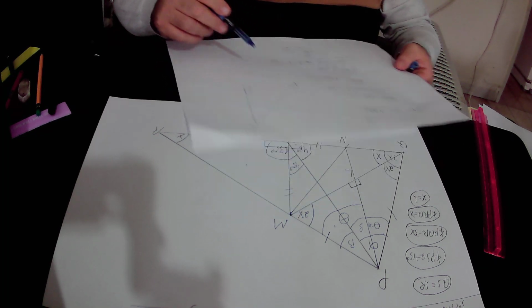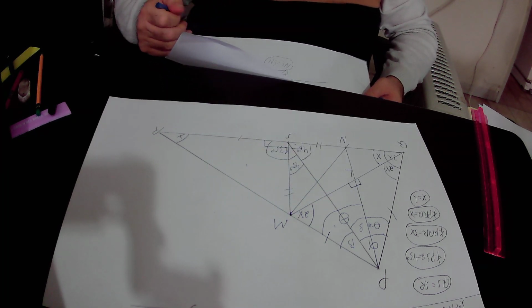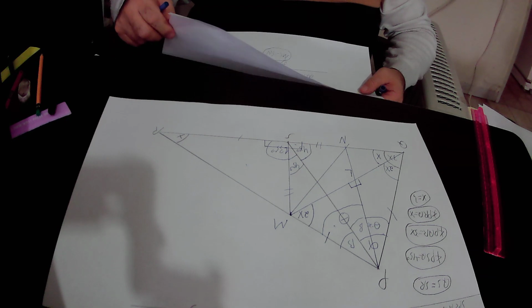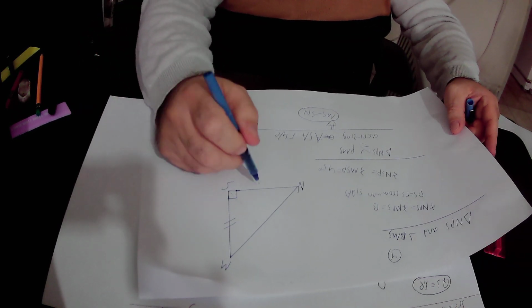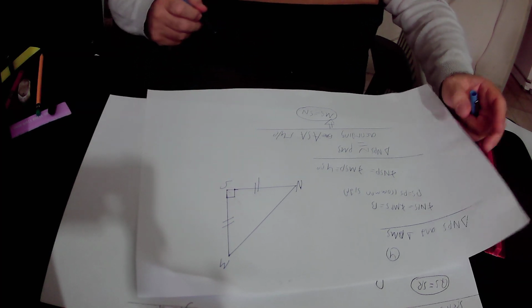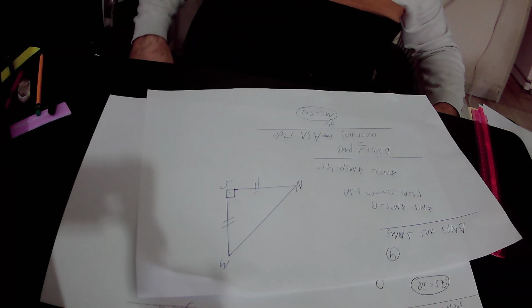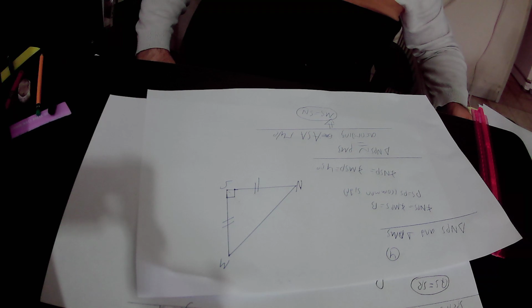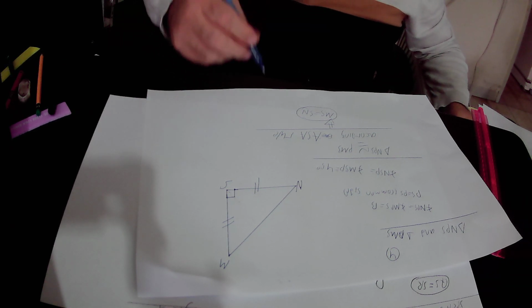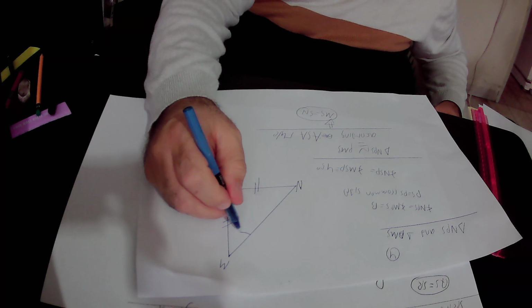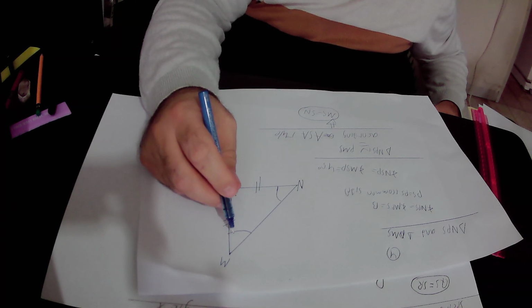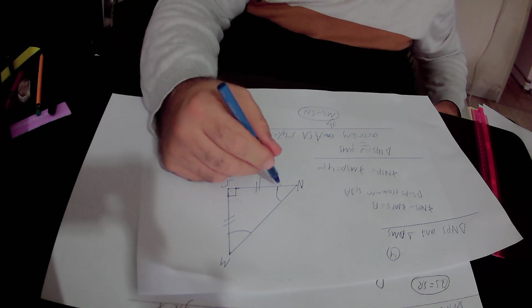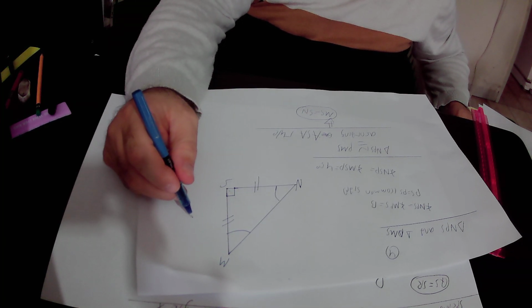This angle is a right angle, and because MS is equal to NS, it means that in front of equal sides there are equal angles. So this angle must be equal to this angle. If we define this angle as y, then this angle will also be equal to y.